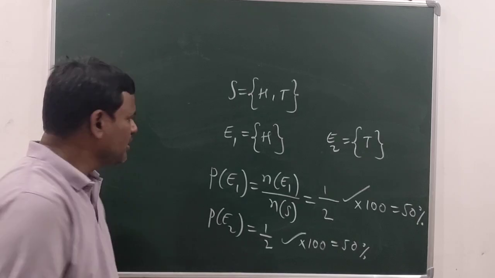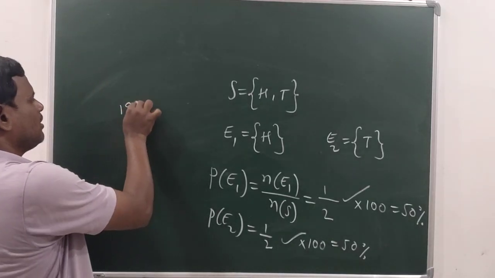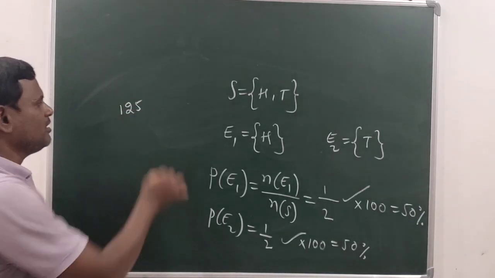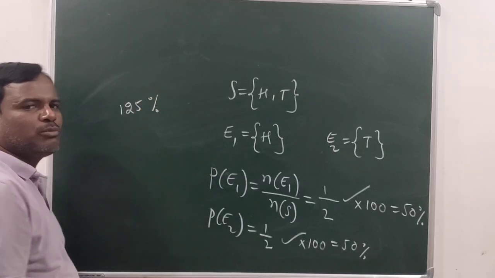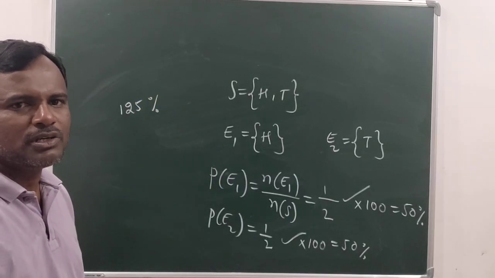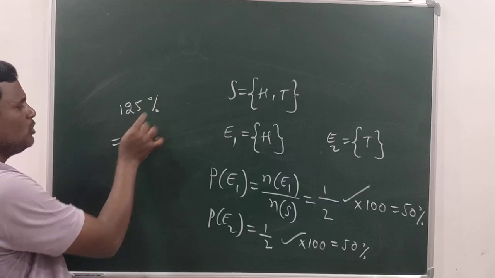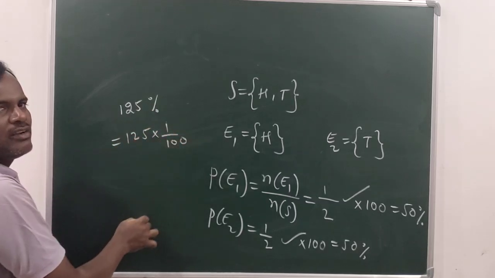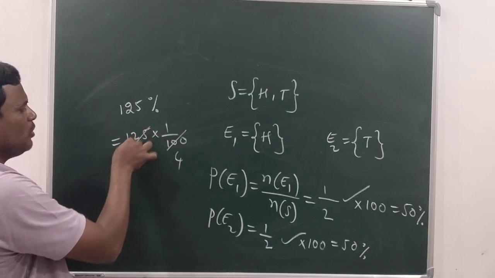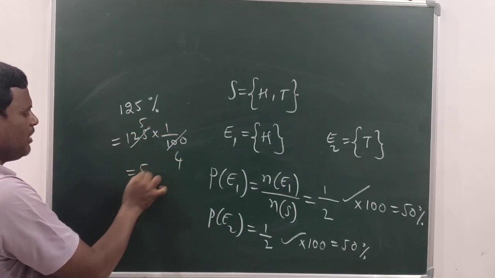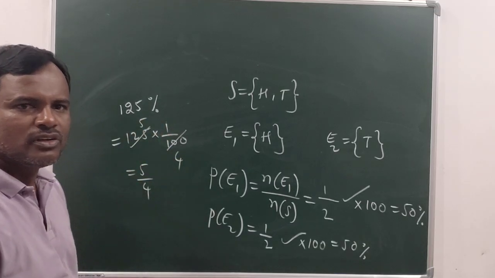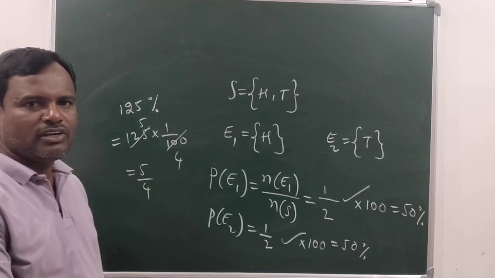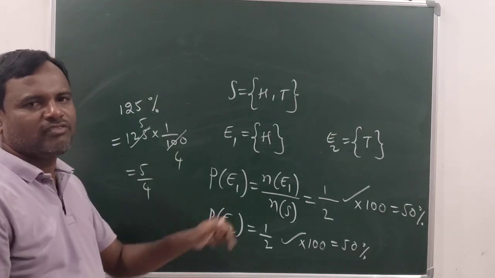Okay. Now, is the probability of getting an event 125%? Is this possible? Not possible, because if you remove the percentile symbol, you get 125 by 100. Now 25 fours are 100, 25 fives are 125. So you get 5 by 4. If you convert into decimals, this is more than 1.